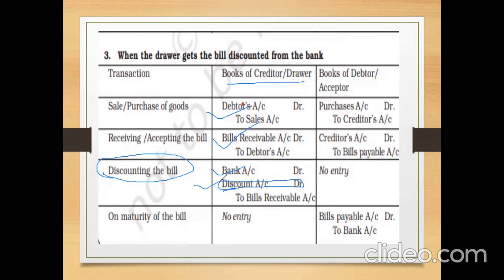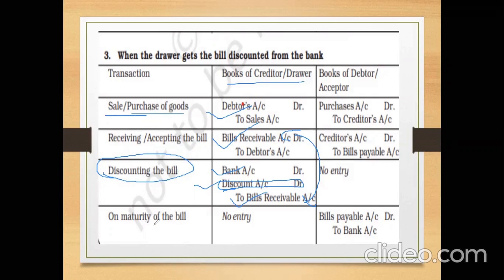Here discount is also debited. So bank account debited, discount account debited to bills receivable account. The debtor account remains the same, because it has the actual amount of sale or purchase, and it has the original journal entry synchronized with it.